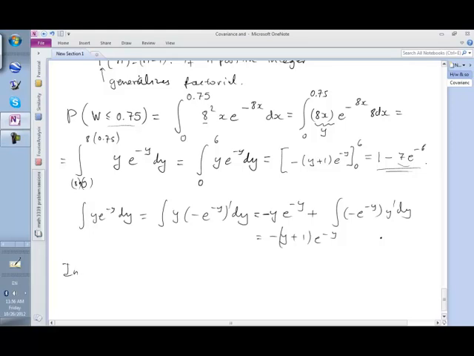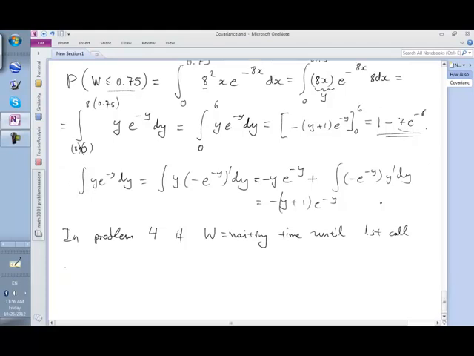So in problem 4, if W, I'm using a variation, is the waiting time until the first call enters the switchboard, then W has exponential distribution with mean 4/3 of a minute.